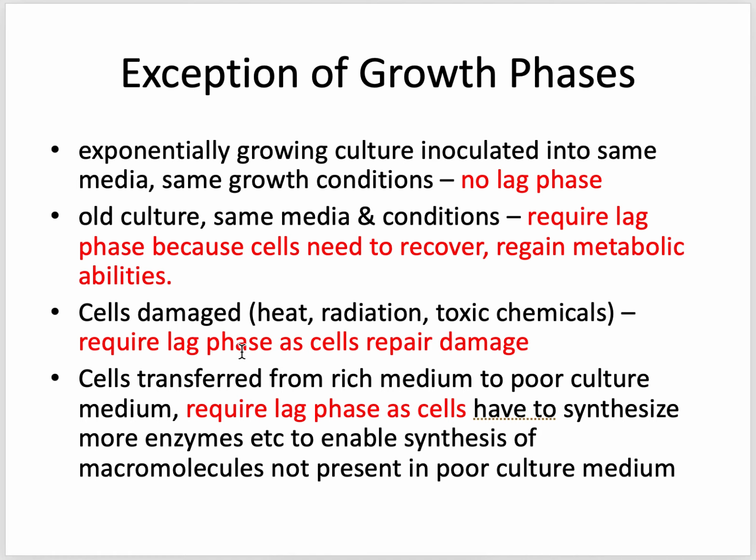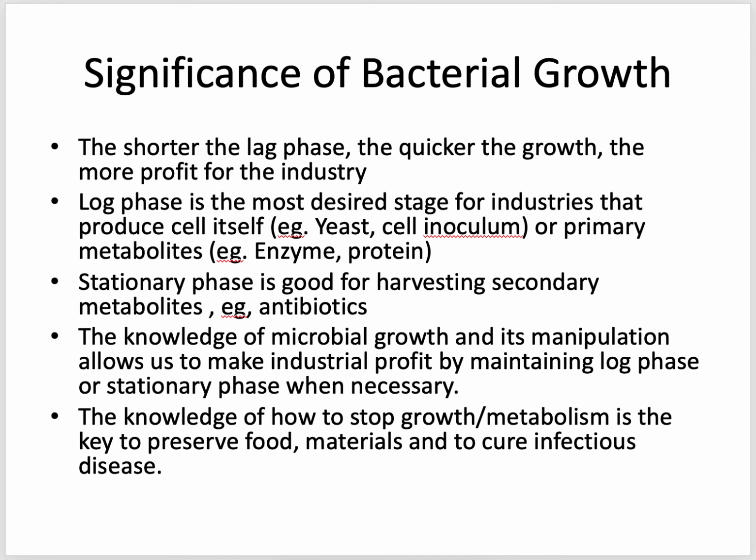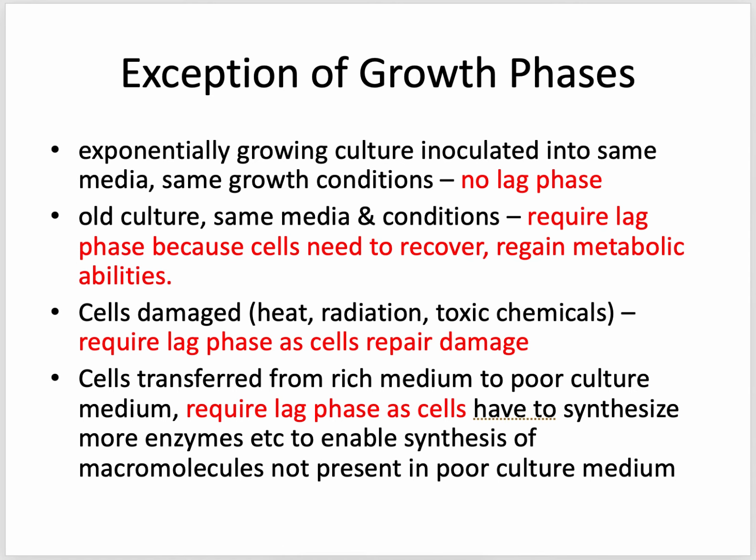We can also shorten the length of lag phase. Lag phase is actually a loss in the industry. For example, you are using bacteria or yeast to produce enzyme, and enzyme is a primary metabolite. You begin culturing the microorganism, and they are in the lag phase.